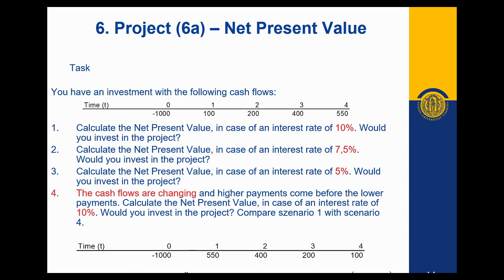And then fourth, we're supposed to calculate the same again for the case that the cash flows are reversed. So as opposed to the first case where we get small cash flows in the beginning and large cash flows in the distant future, in the second scenario, we'll get large cash flows in the beginning and they will be decreasing over time.